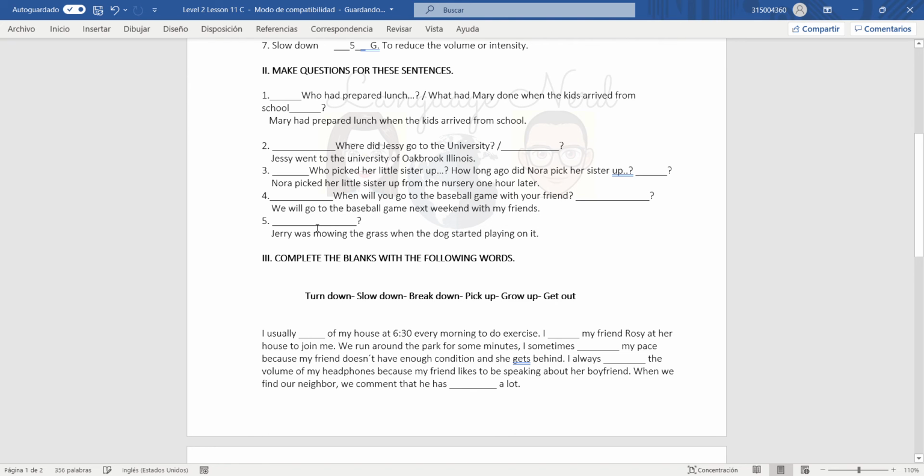Then number 5 says Jerry was mowing the grass when the dog started playing on it. Okay, so you can say, what was Jerry doing when the dog started playing?